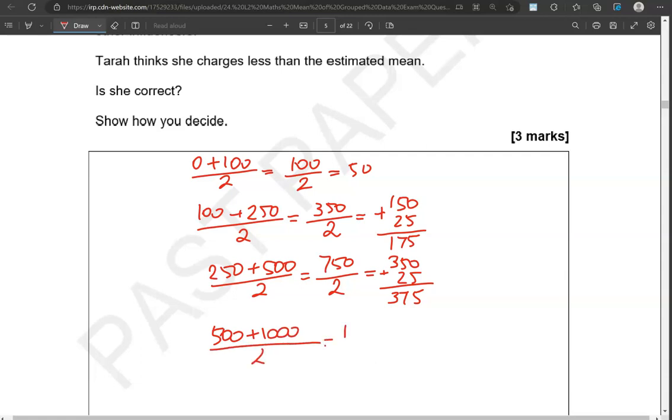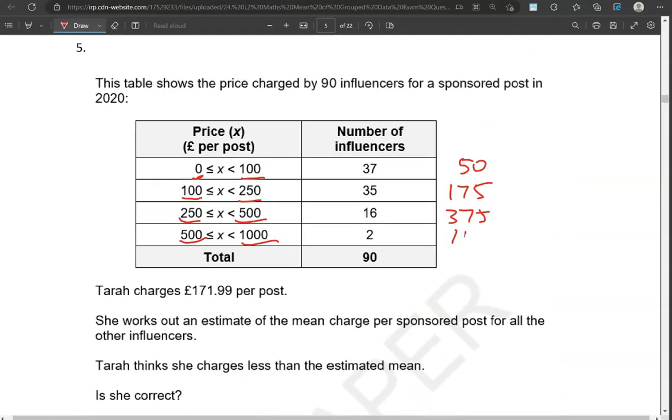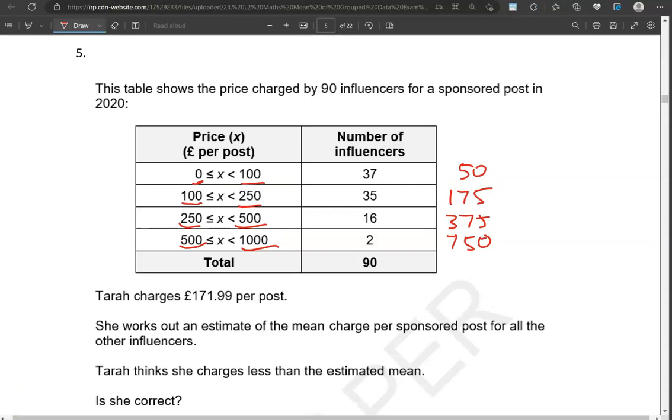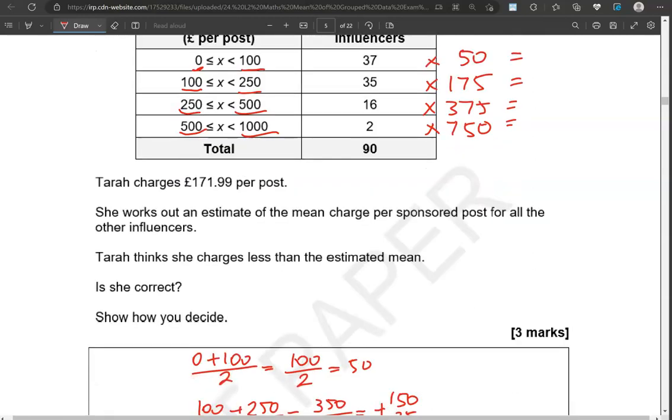So it's 1500 divided by 2. Half of 1000 is 500. Half of 500 is 250. So that gives us 750. So now we have the midpoints, and what we're going to do is multiply them by the frequencies. So 37 times 50.